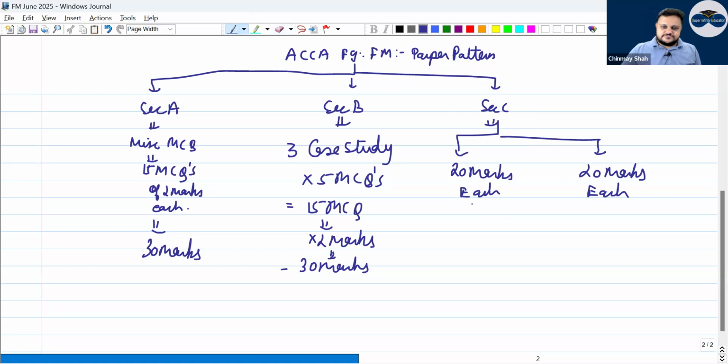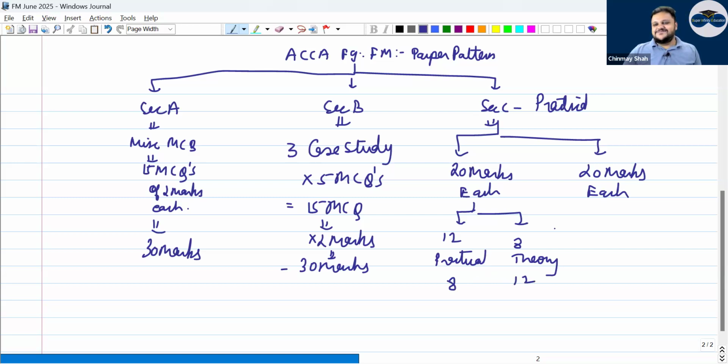Generally, you will see in section C, it is not an objective type question, but a practical type question. You have 12 mark practical and 8 mark theory. It can be the other way around also. Worst case scenario, 8 marks practical, 12 marks theory. Has happened before, can happen in your exam as well.